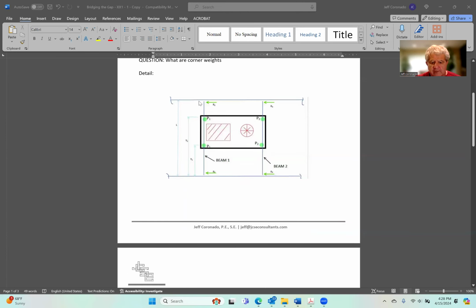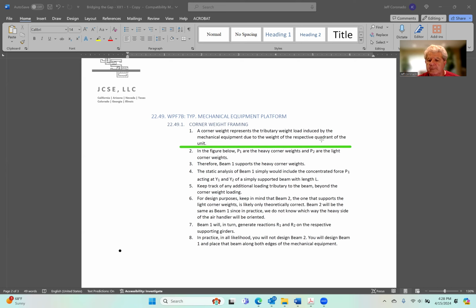Item one: a corner weight represents the tributary weight load induced by the mechanical equipment due to the weight of the respective quadrant of the unit. I think we've covered that. Let me clear this and go back to our sketch.